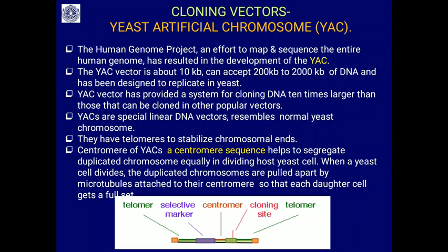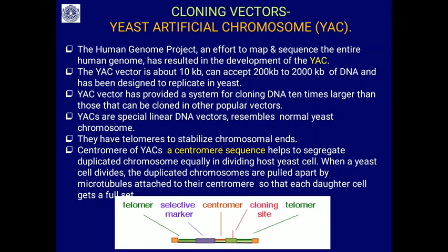The entire Human Genome Project is a very huge scientific project. It spanned more than 10 years, and they decoded the entire human chromosomal sequences. In the Human Genome Project they used this cloning vector mainly for that purpose.